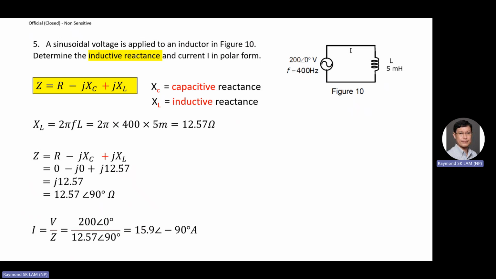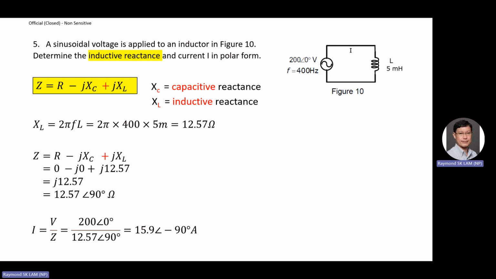Let's say you want to calculate XL. XL has the formula 2 pi FL. AC has frequency, so take note, in an AC circuit this is where the frequency comes in, like 5 Hertz, 20 Hertz. In this question, what is the frequency? It's written here, 400 Hertz.